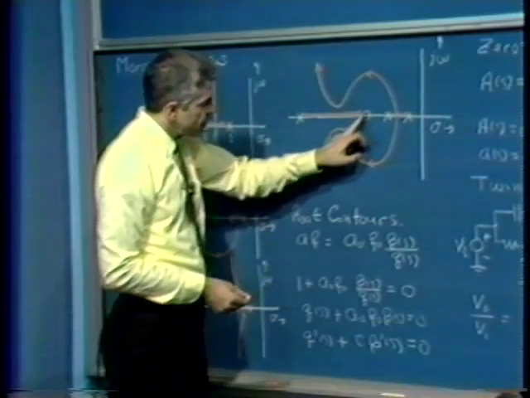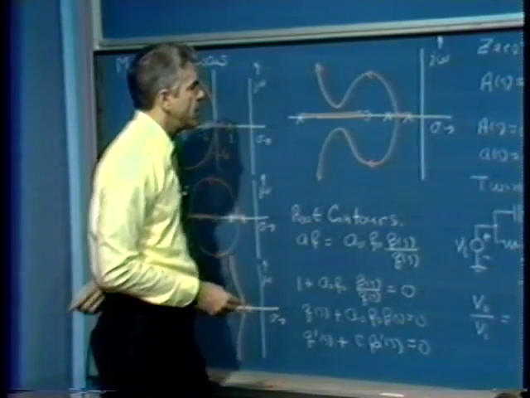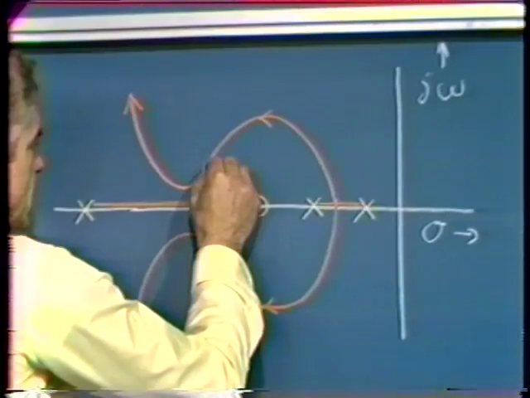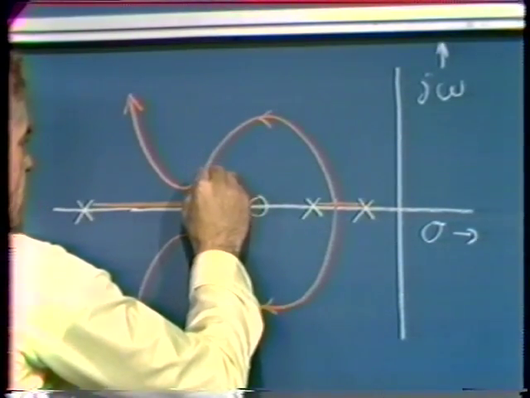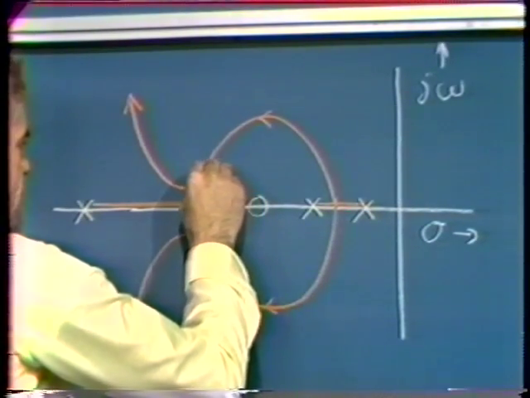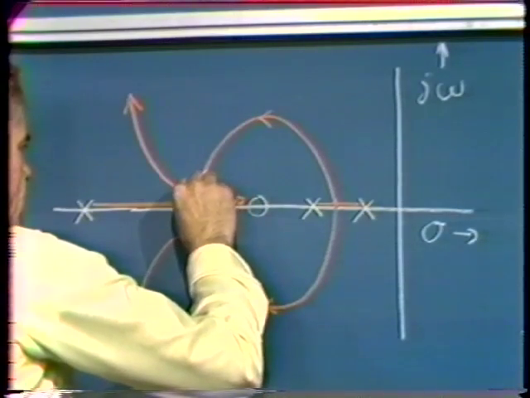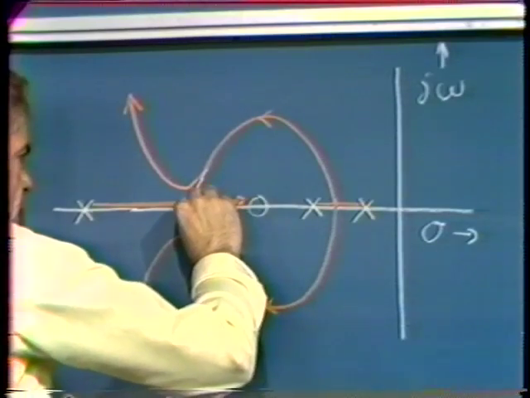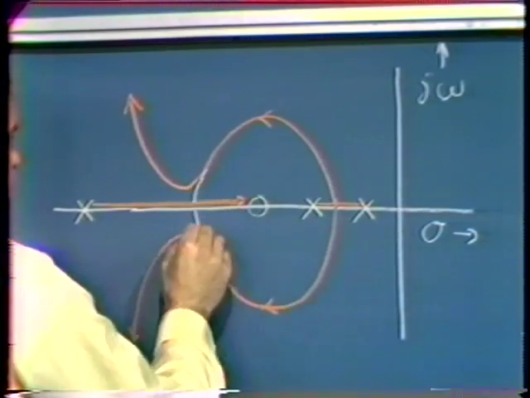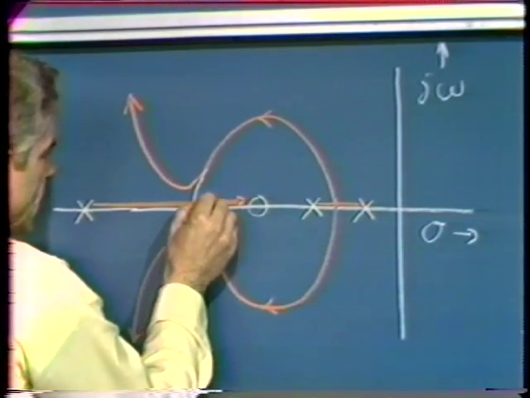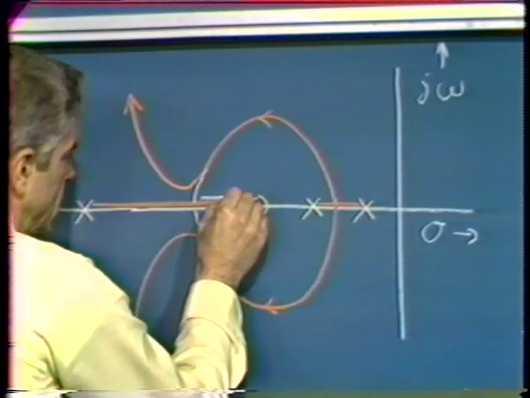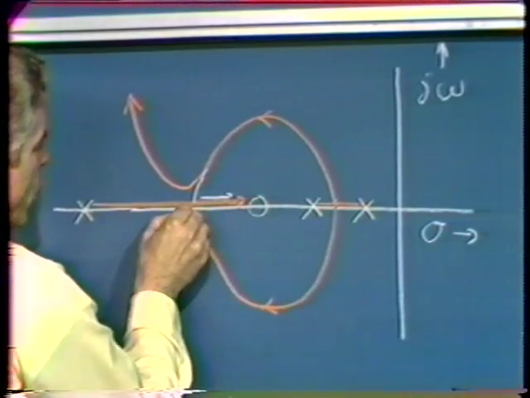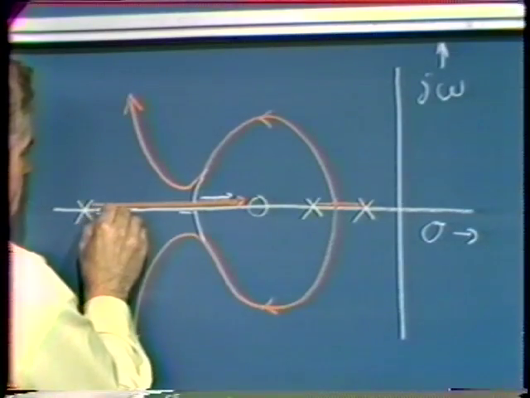Now let's move this pole just a little bit further in. And then what happens is that the trajectory, the branches come down like so. They hit the real axis at right angles because they always hit the real axis at right angles, and make their way, one of them inward, one out, where it now meets this one.